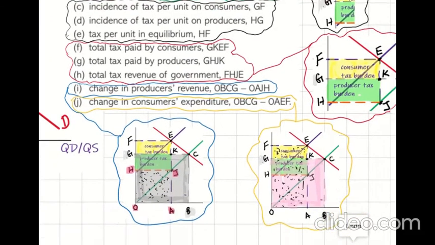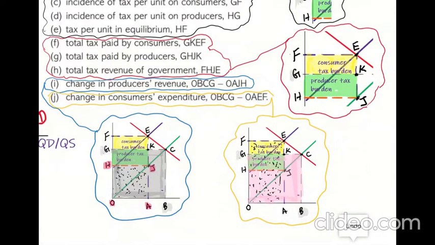Now, let's identify the tax which is paid by the consumers, producers, and the tax revenue for the government. This is the key lesson objective for today's lesson. Look at the rectangles. Total tax paid by consumers: you can see the yellow color-coded area represents the consumer tax burden.